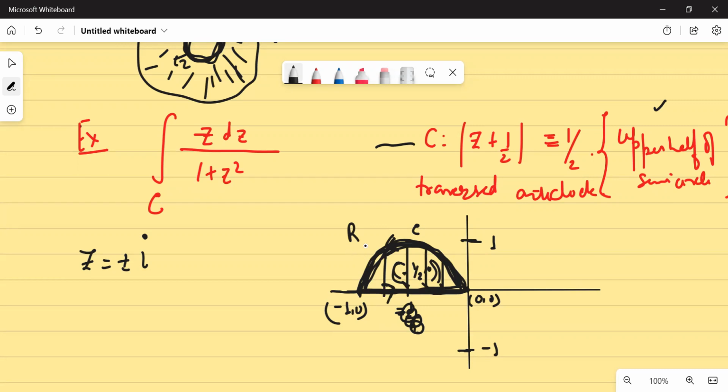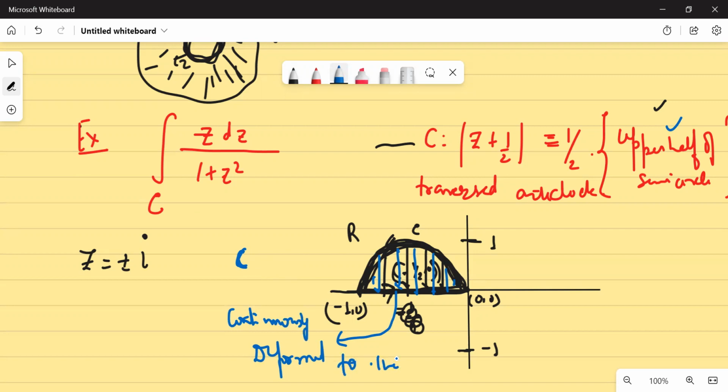So I would say that my curve C, which is the upper half of the semicircle, can be continuously deformed into the x-axis, because the singularities are plus minus iota.